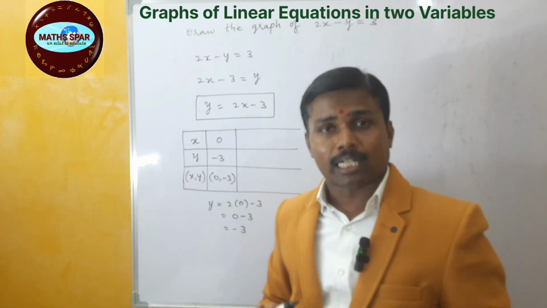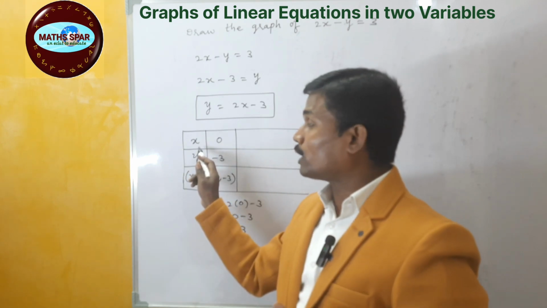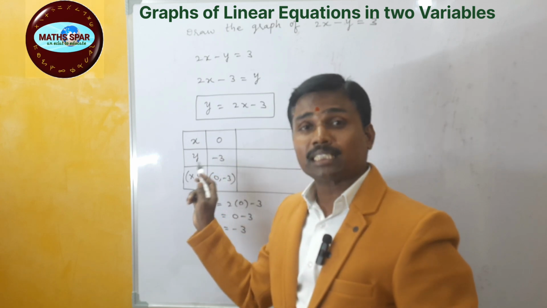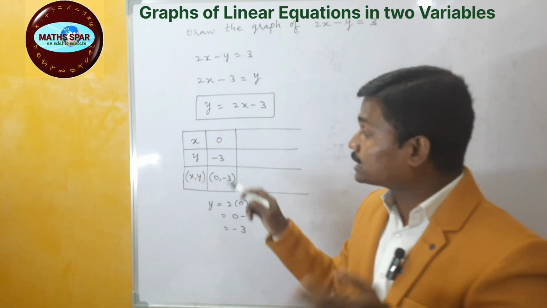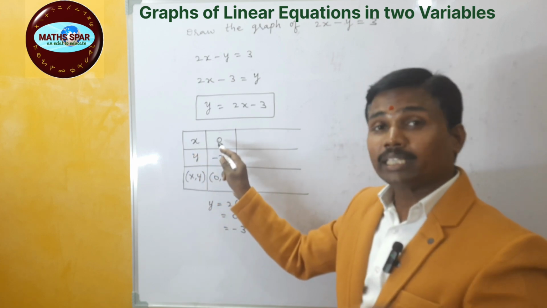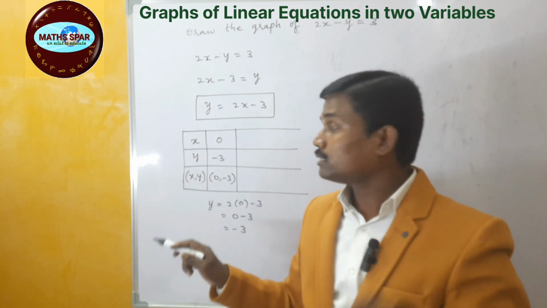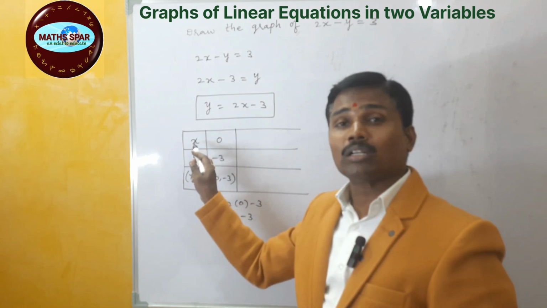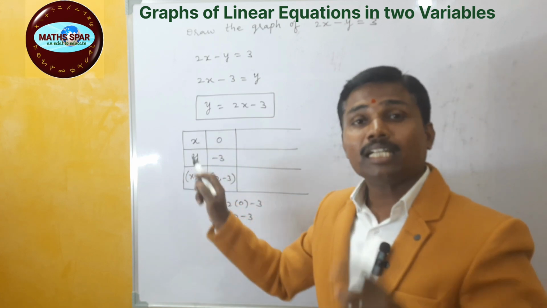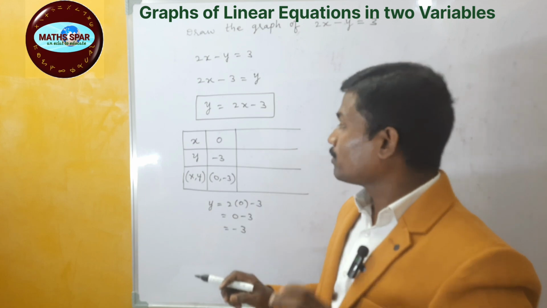The x value we are taking is the independent variable. Then y is the dependent variable. Why is it dependent? Because when you took x as 0, then y is calculated. That means y is dependent on the x coordinate. So x is the independent variable and y is the dependent variable.